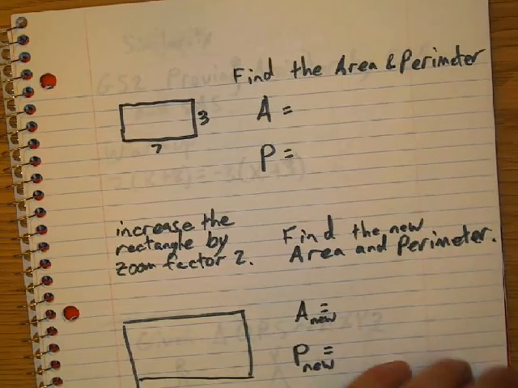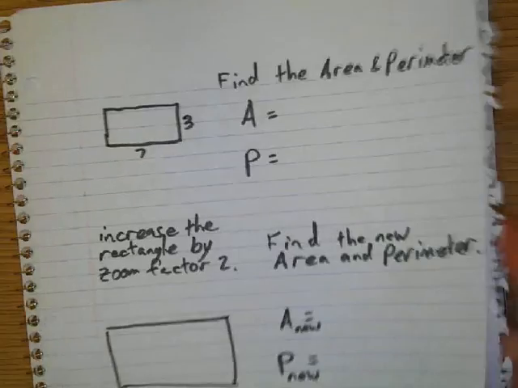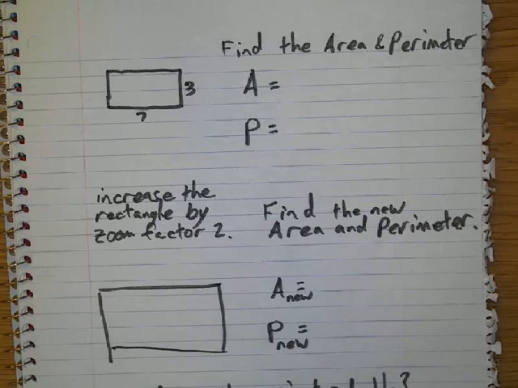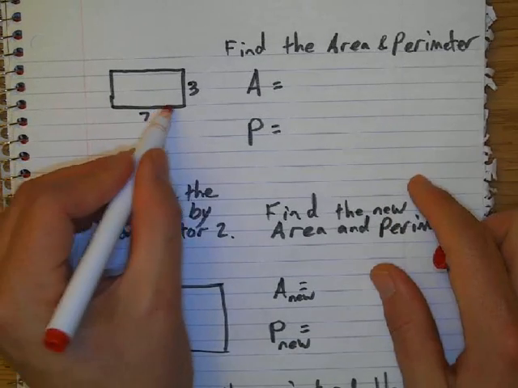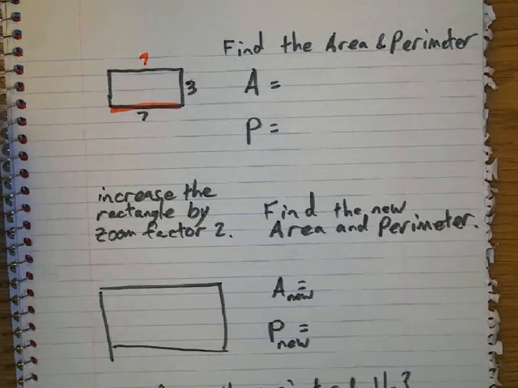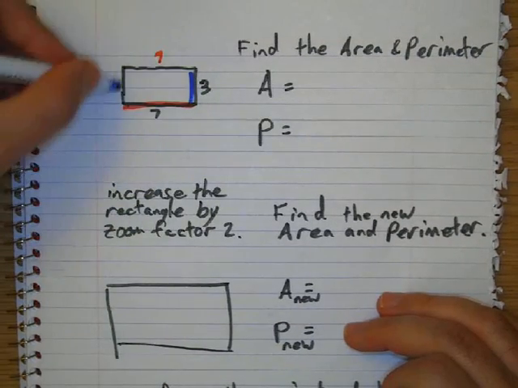Okay, last one. Last page. Okay, find the perimeter. Okay, perimeter is when you add all the sides around. So this is 7, this here is also 7. If this is 3, this here is also 3.